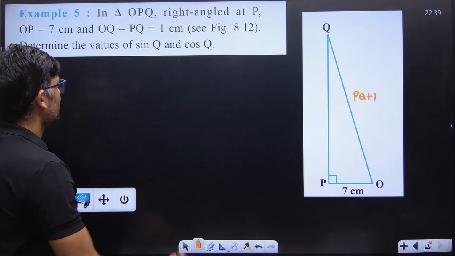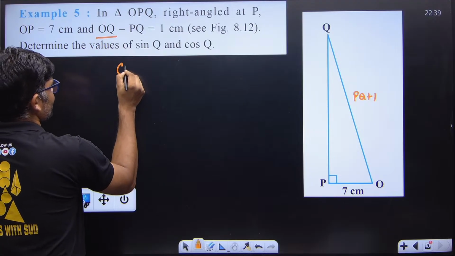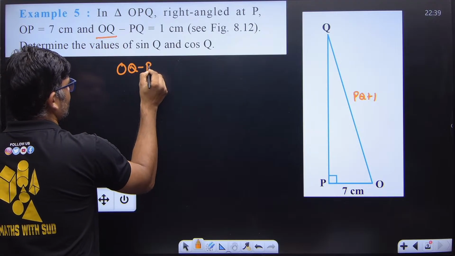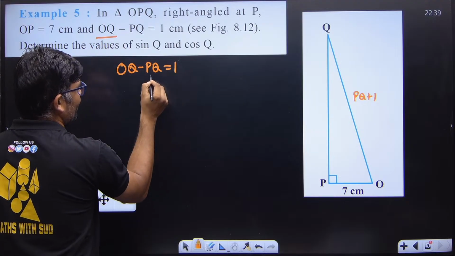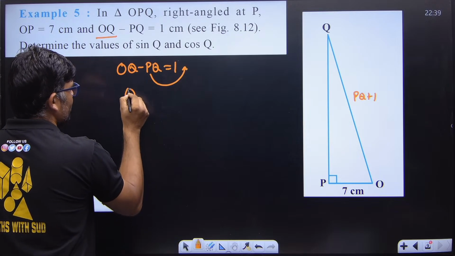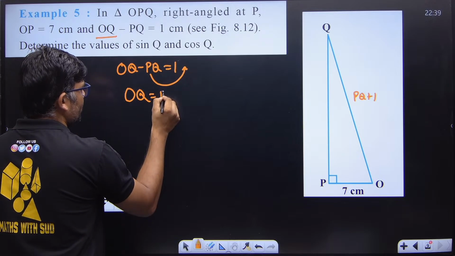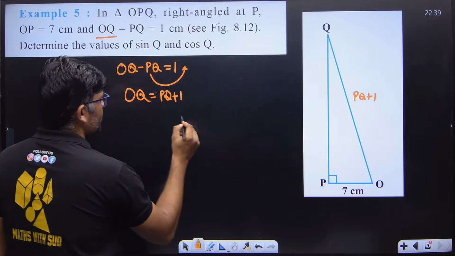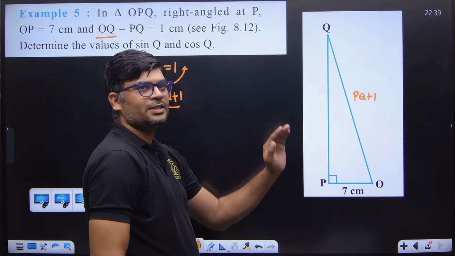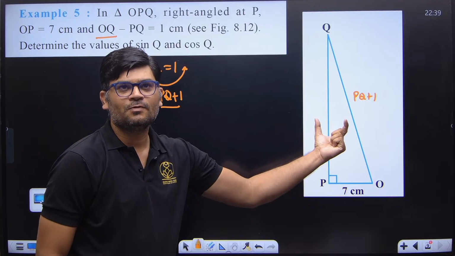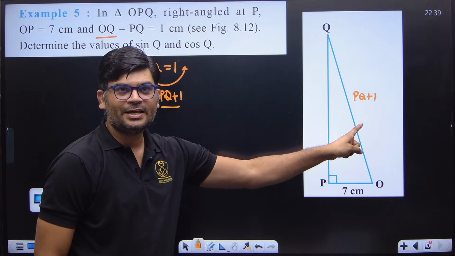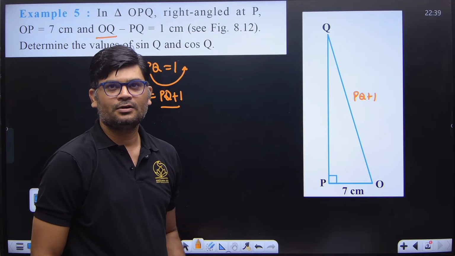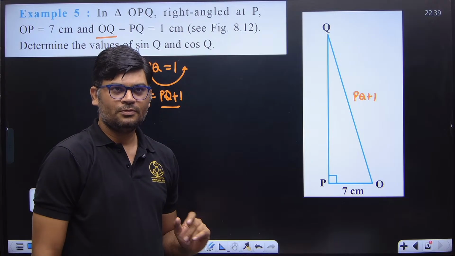If I say that OQ minus PQ is equal to 1, I will take this PQ on this side. So I can say OQ is equal to PQ plus 1. If the difference between these two sides is 1, then it means that this side is 1 more than this side. Understood? Okay.